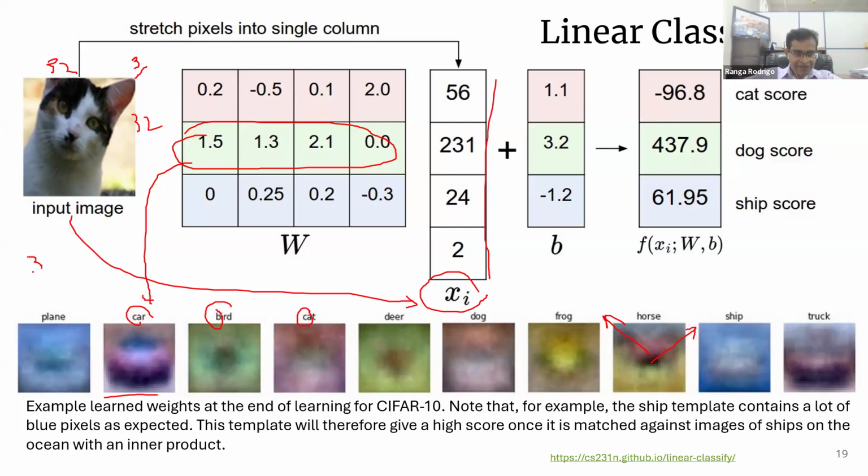So the size of Xi will be 32 times 32 times 3, which is 3072 numbers. Here I have put 4 numbers, but actually this will have 3072 numbers.